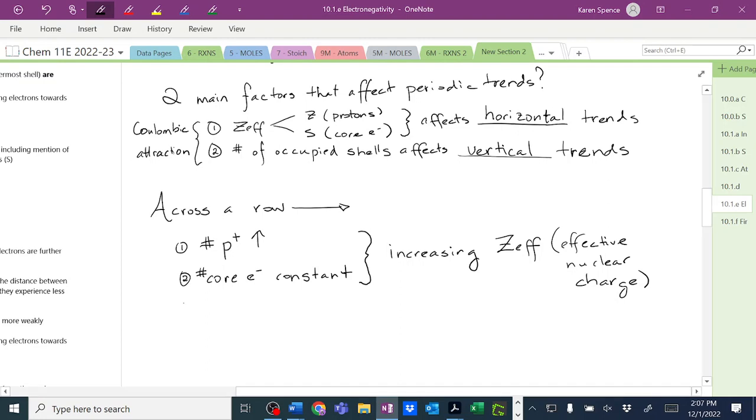Don't read it. We're talking about how this affects electronegativity.